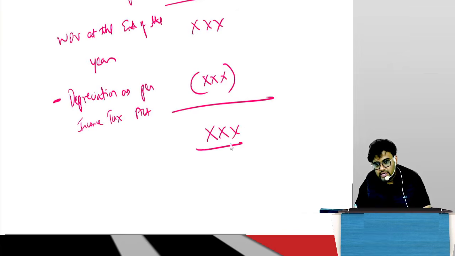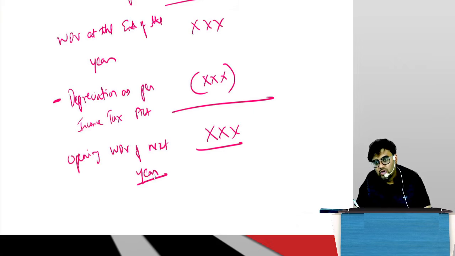And what you will get here? You will get the opening WDV of next year, or closing WDV after depreciation of that year. That's all. You will get closing WDV after depreciation of that year, or simply put, opening WDV for next year.